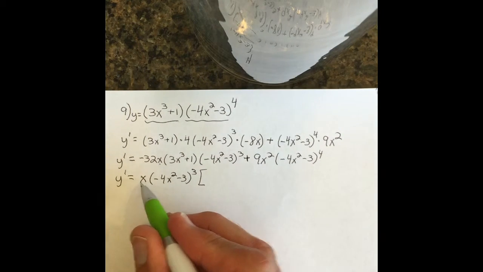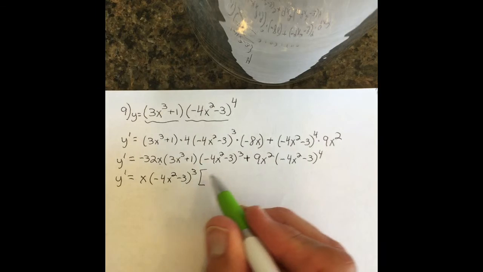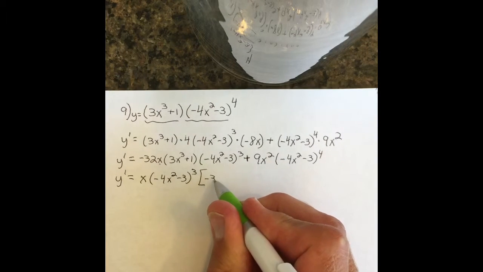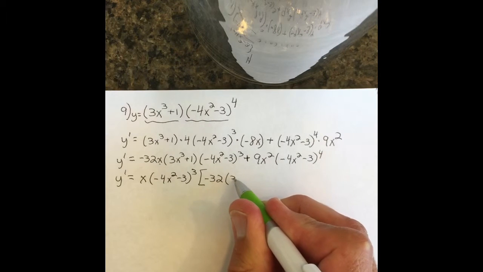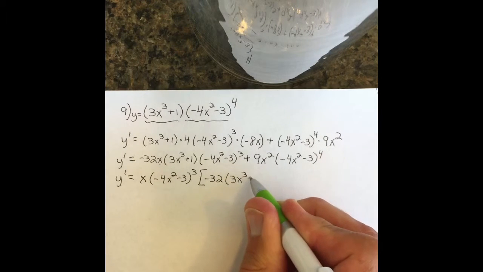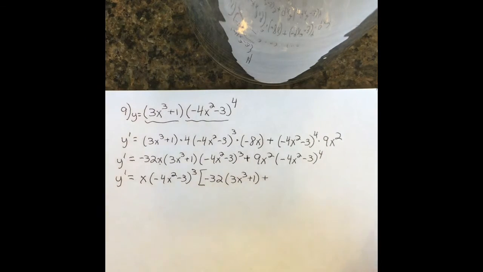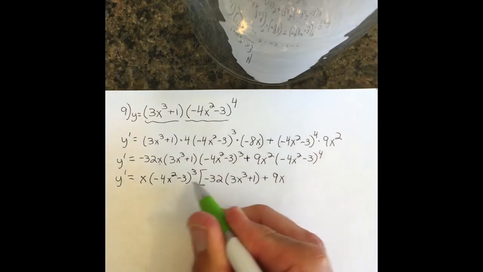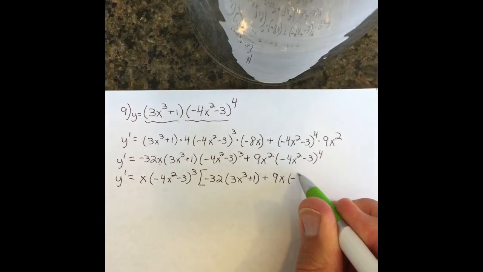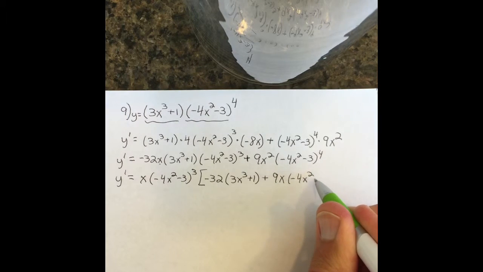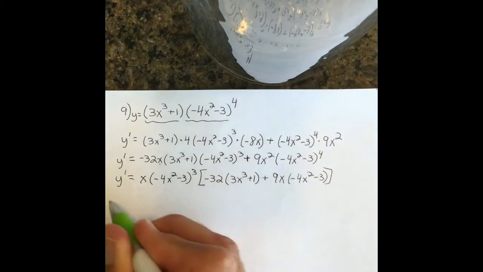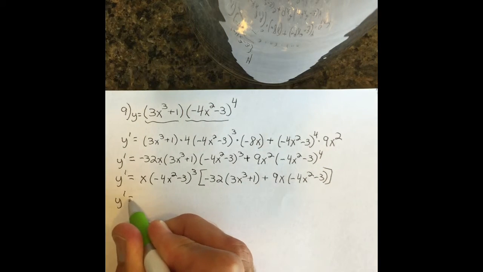If I take away an x and the negative 4x squared minus 3 to the third power from the left side of the plus sign, I'll leave behind a negative 32 and 3x cubed plus 1. And on the other side of the plus sign, if I take out an x, I leave behind 9x. And I take out 3 of these factors, so I leave behind 1 more. So I have only one factor of negative 4x squared minus 3. And now it's a little more simplified.